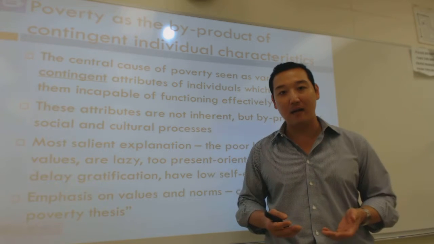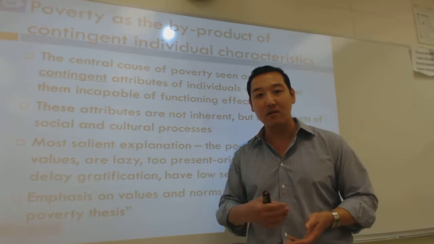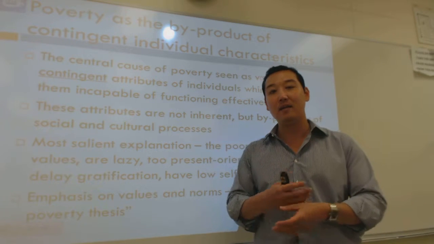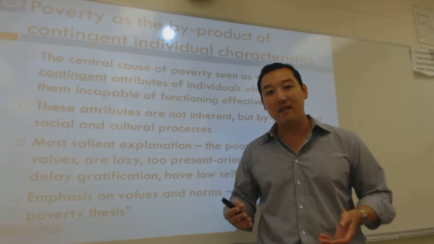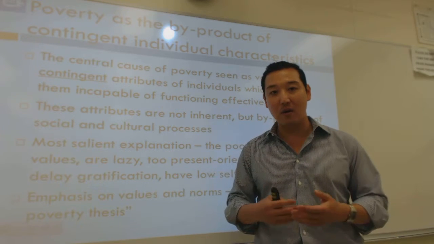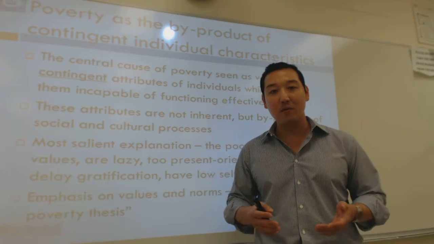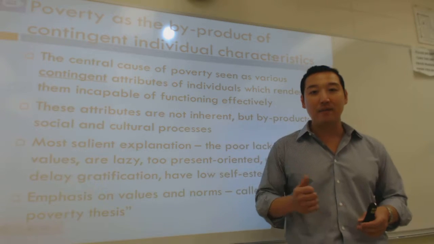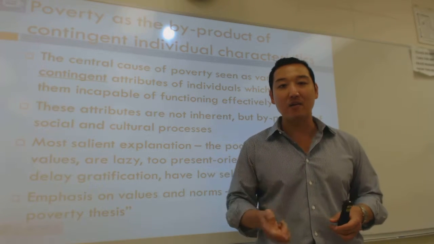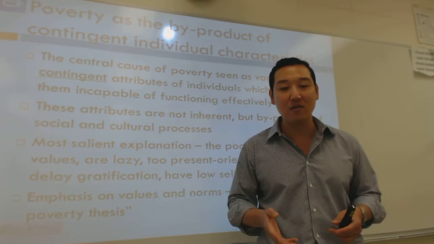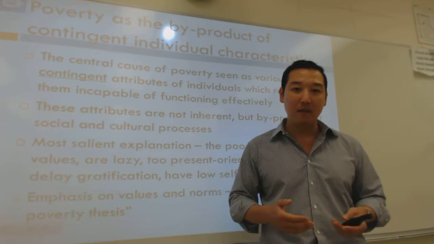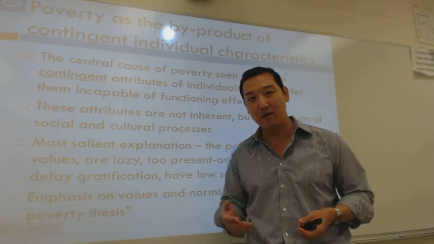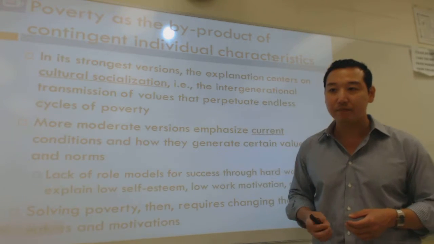So another name for this explanation is the culture of poverty thesis, that people are poor because they live in this culture that promotes the wrong values and norms. These are values and norms that aren't really conducive to getting ahead in our society, namely that the poor are poor because they're lazy, they're too present-minded, they don't know how to delay gratification, they have low self-esteem, right? These types of explanations or these types of values are what characterize the poor, is what the theory is suggesting.